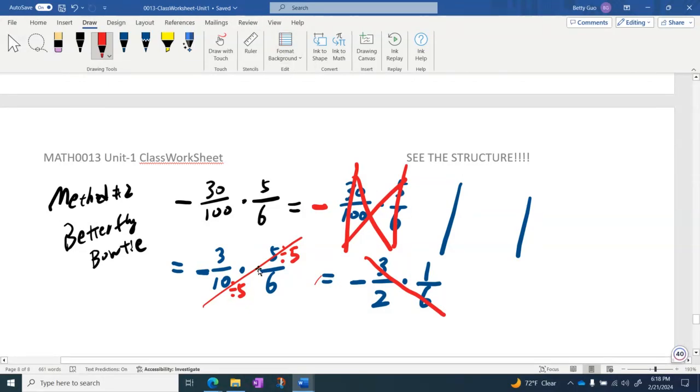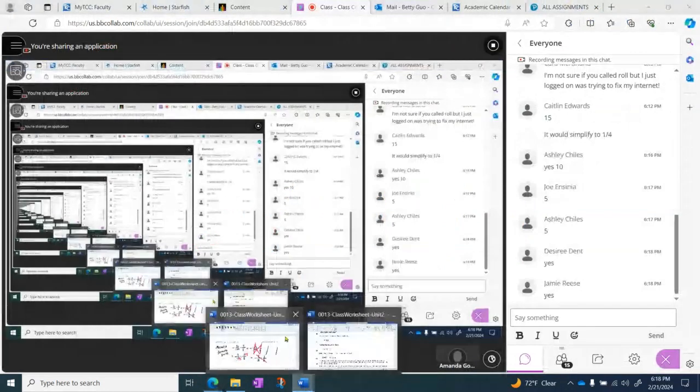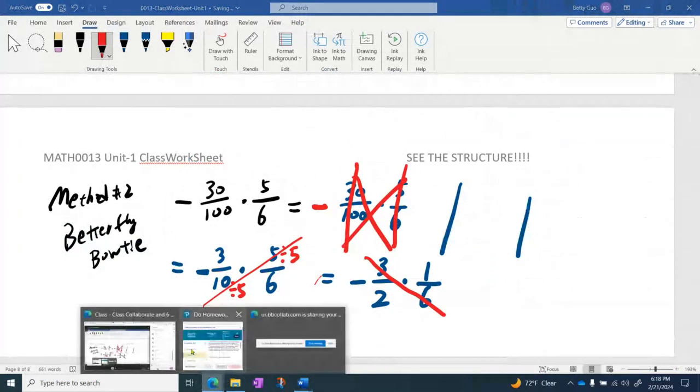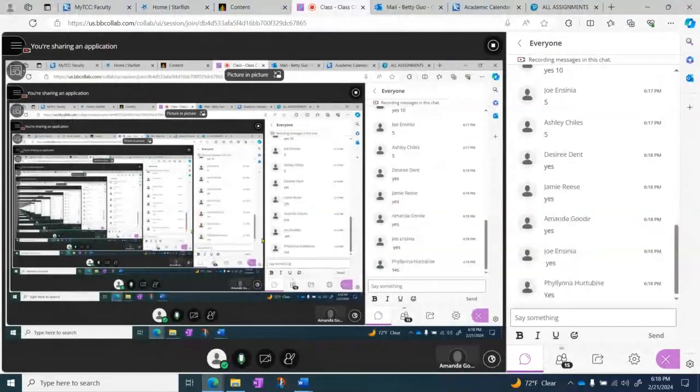I want to know if it's clear that we are able to cancel common factor on this diagonal direction. The reason we can do so is because this factor is on the top, this factor is on the bottom. When the numerator and the denominator have common factors, we can always cancel the common factor.